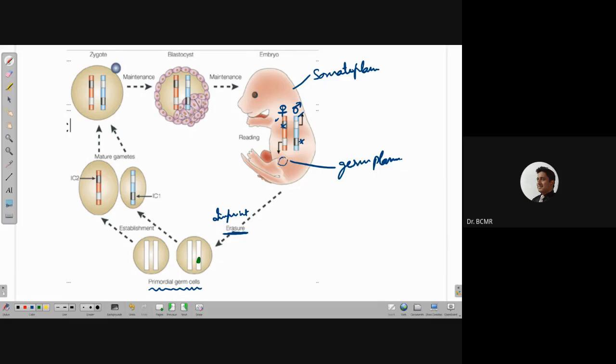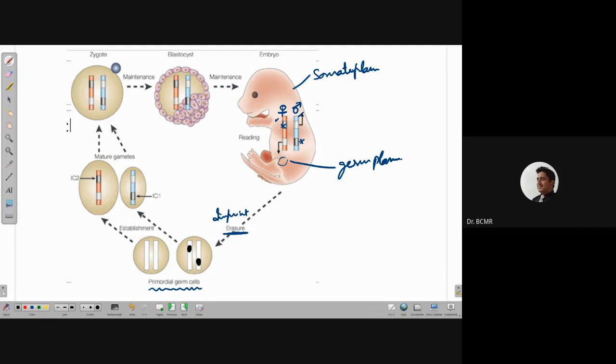I'm trying to put what is shown here in this case, and then tell you what is going to happen. So this is the one gene that is methylated, so it is repressed, and the other gene is expressed.